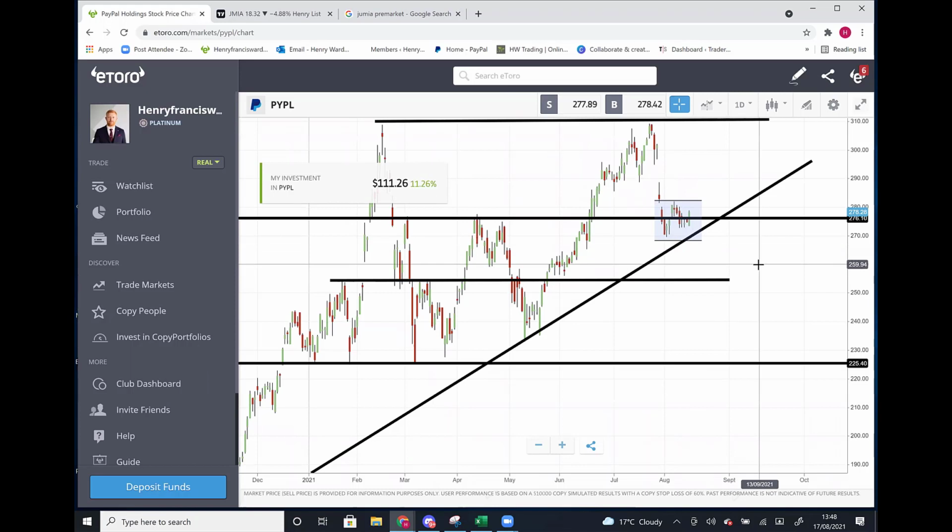Now, why is there a chance of PayPal continuing to drop? What was the big news that happened with PayPal in around this area? Can anyone tell me?